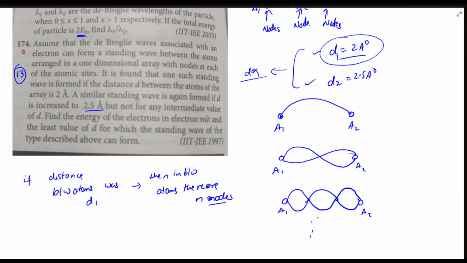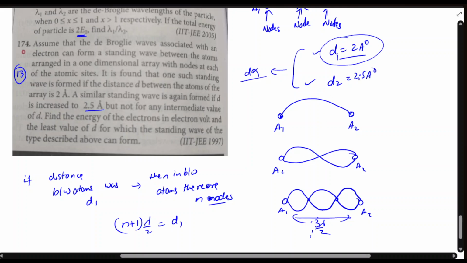Now look, if there are two nodes, then this is 3 lambda by 2, right? So if there are n nodes, then it will be (n plus 1) lambda by 2 equals d1.